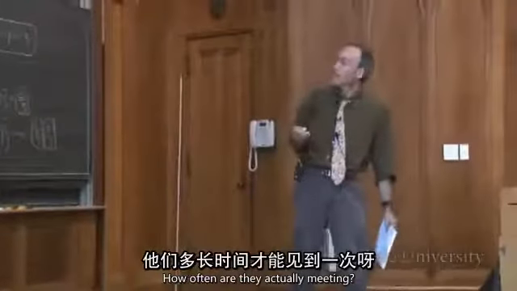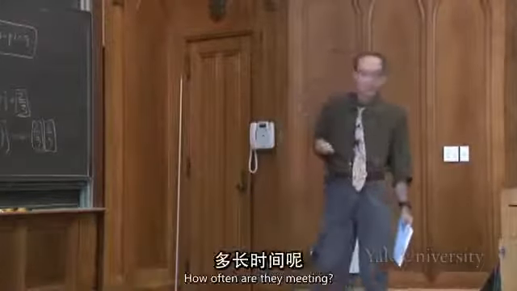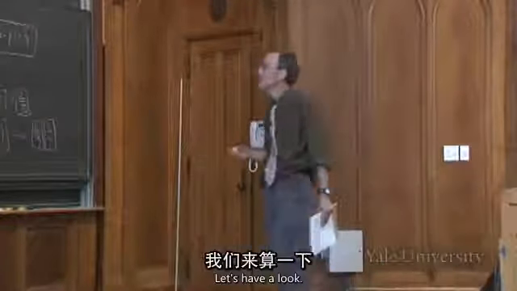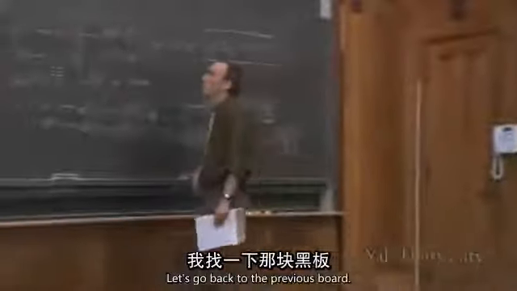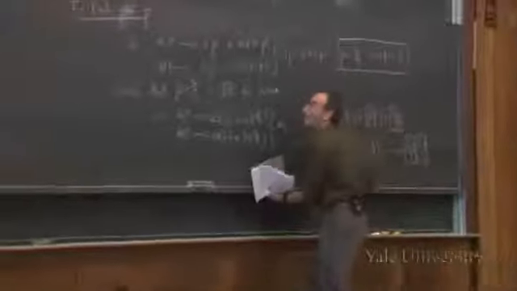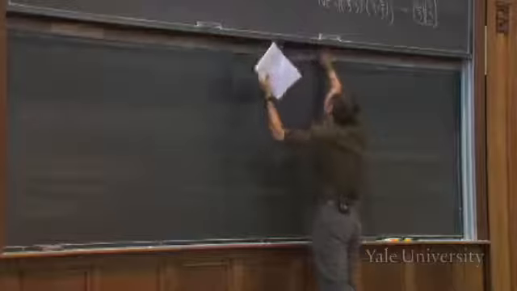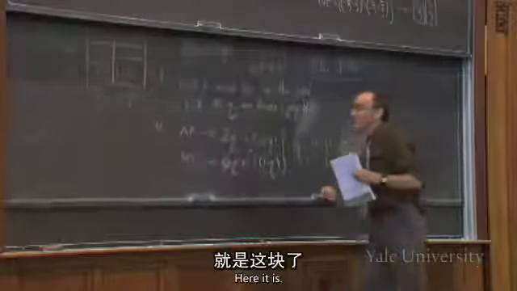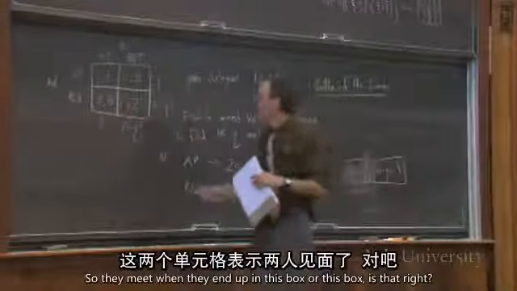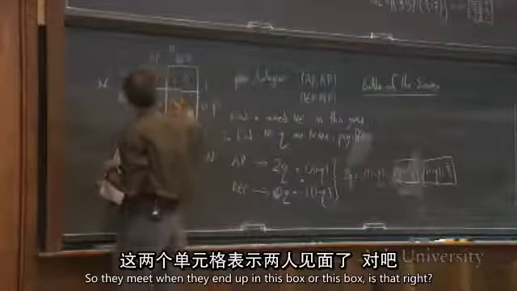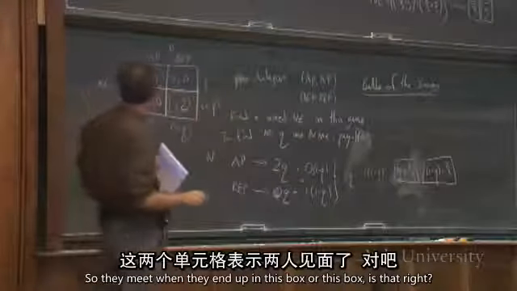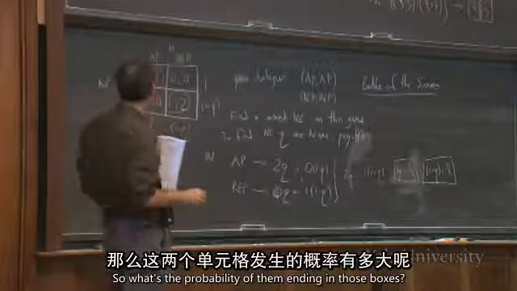How often are they actually meeting? Let's have a look. Let's go back to the previous board. Here it is. So they meet when they end up in this box or this box. Is that right? So what's the probability of them ending up in those boxes?